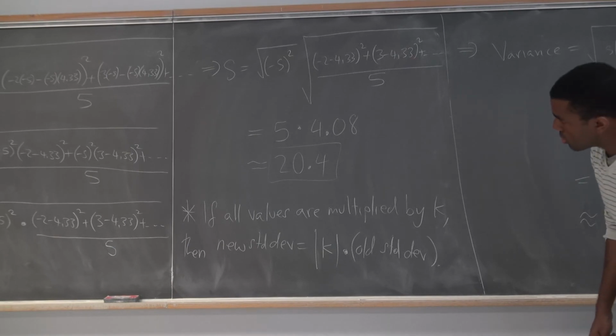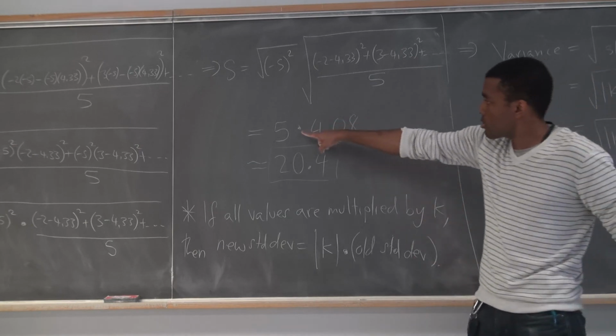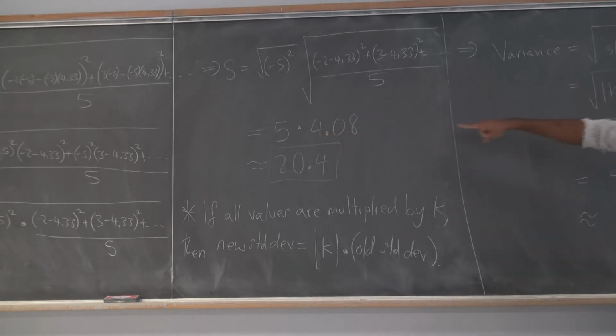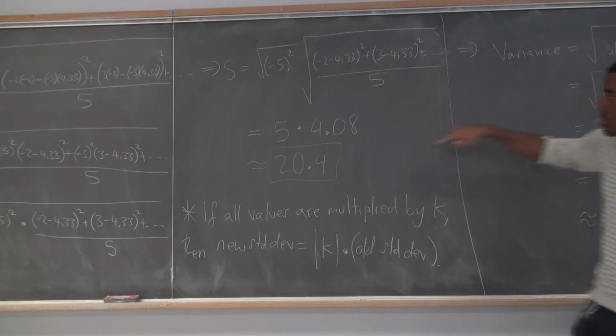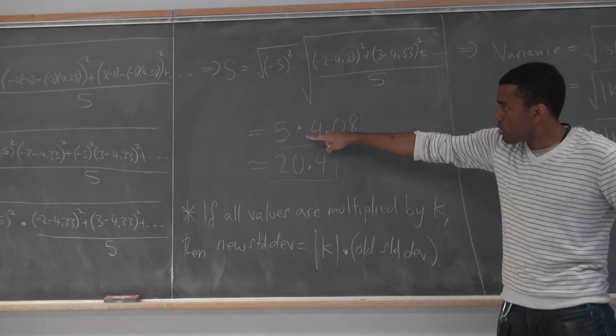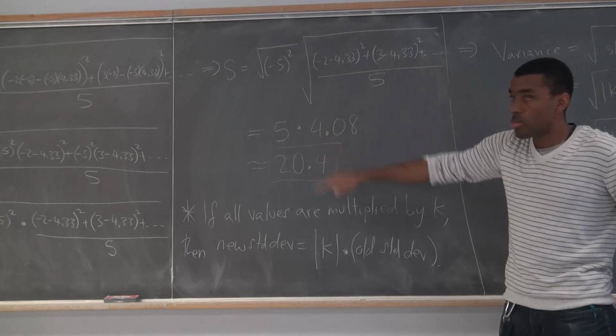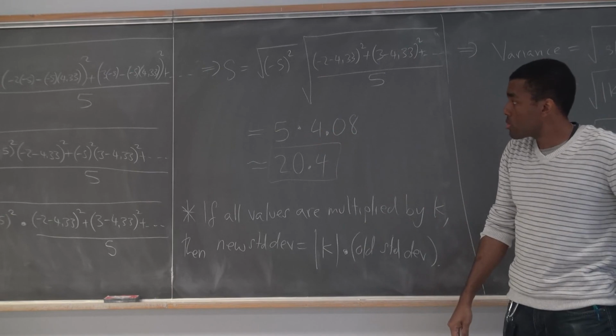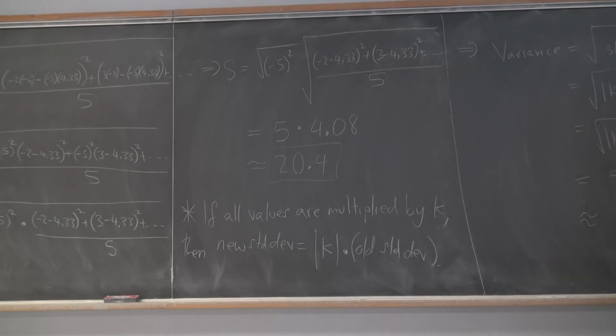Let's see, where did we get up to? Here we had 5 times that. So the variance would be the square of the standard deviation, 20.4. Oh, right, yes. Why was I taking the square root? I'm still stuck in standard deviation mode.